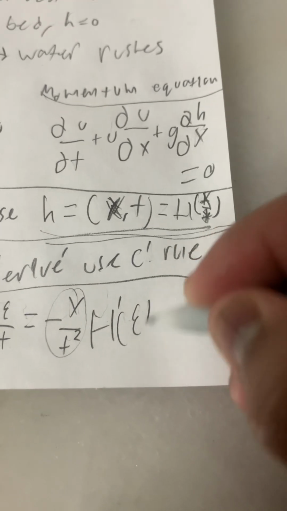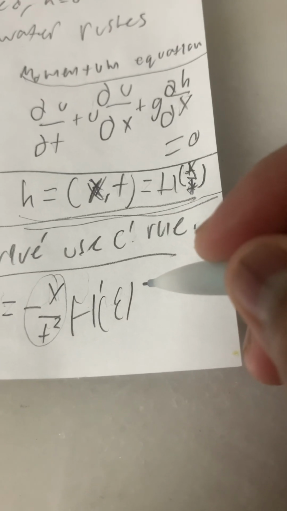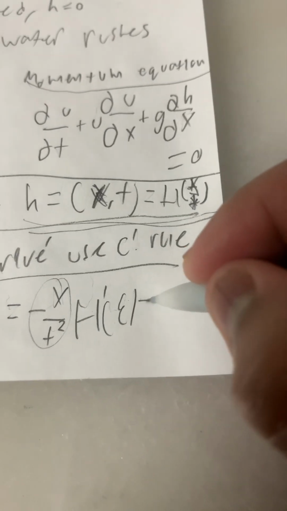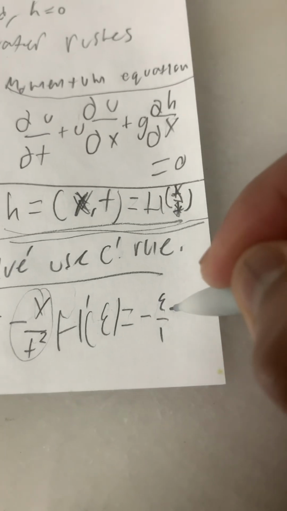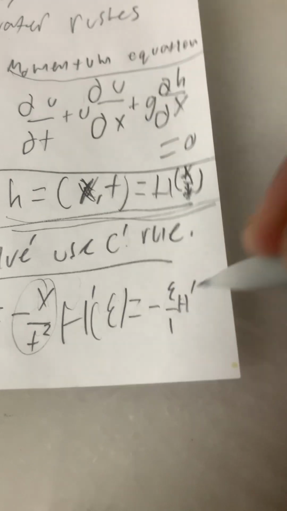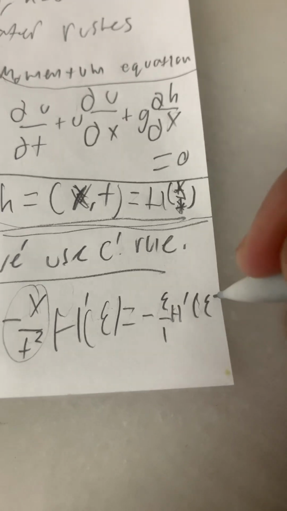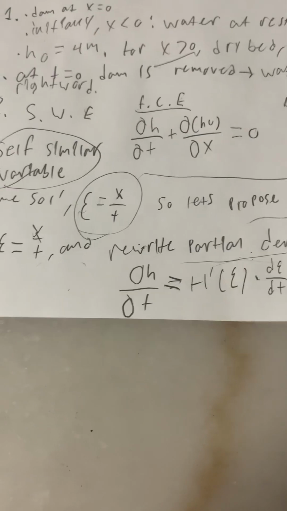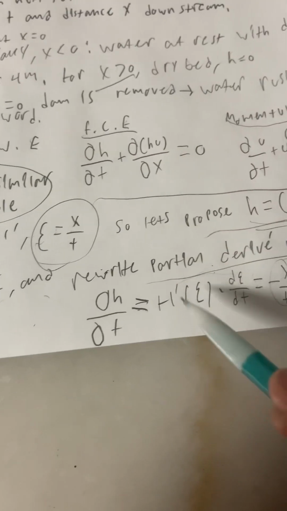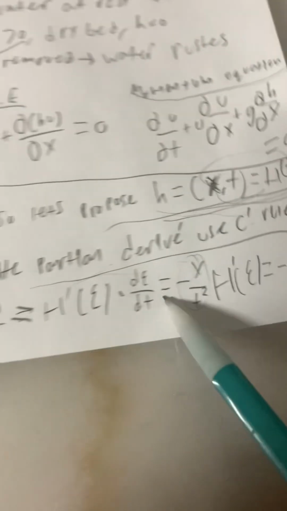I'm just teaching what I can teach. Equals minus xi h prime. Okay, using the chain rule, we rewrite it in partial derivative form. It turns into this.